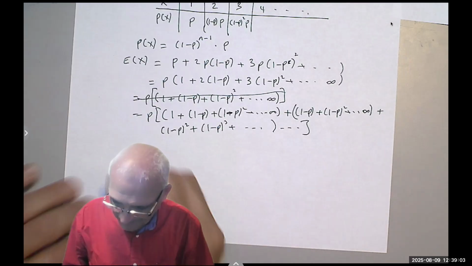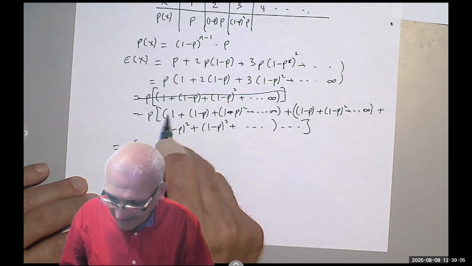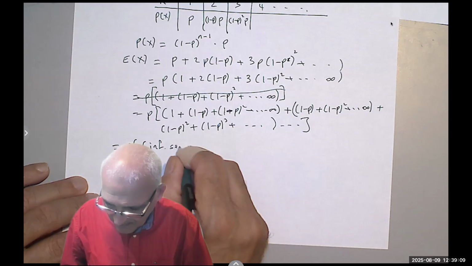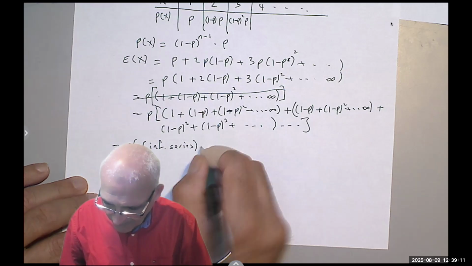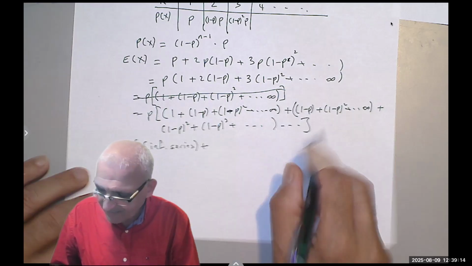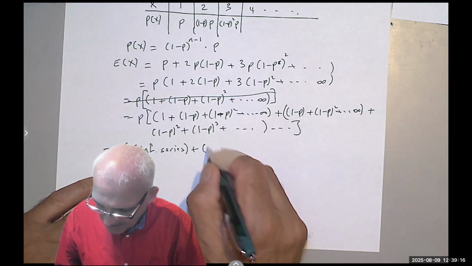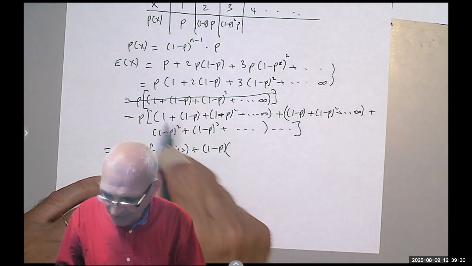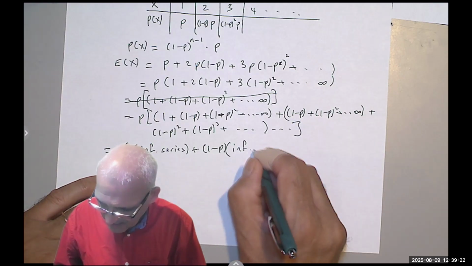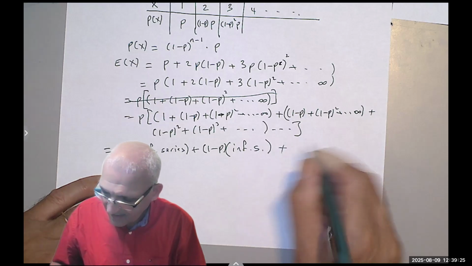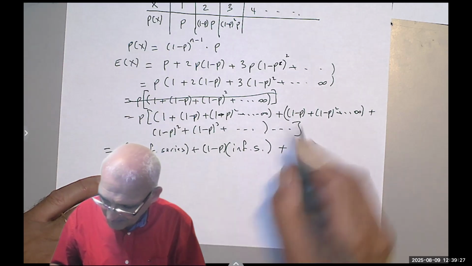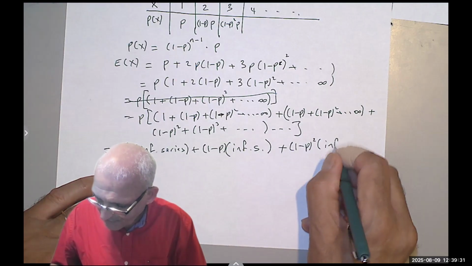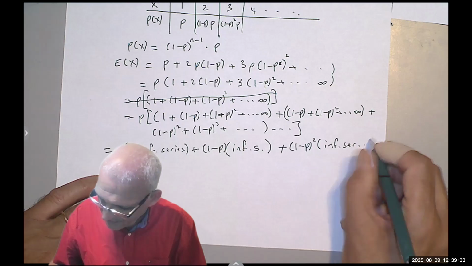Wait a second. P times an infinite series. So I'm going to say infinite series plus, if I factor 1 minus p here, the rest would be 1 plus 1 minus p, which is the infinite series, plus, and then I will factor out 1 minus p squared here, and times the infinite series, and so on and so forth.